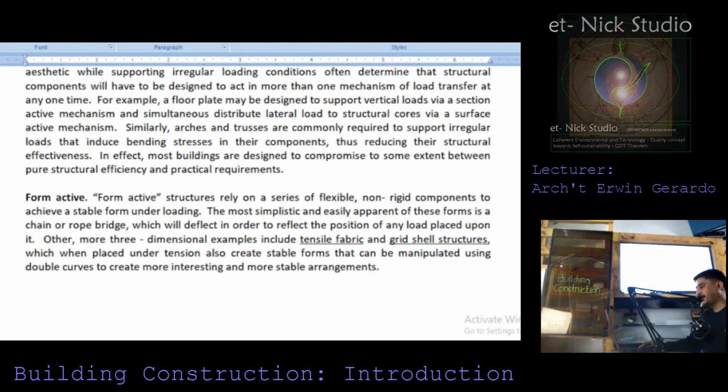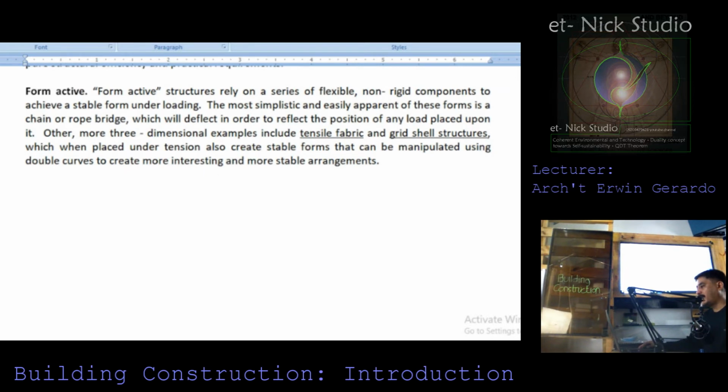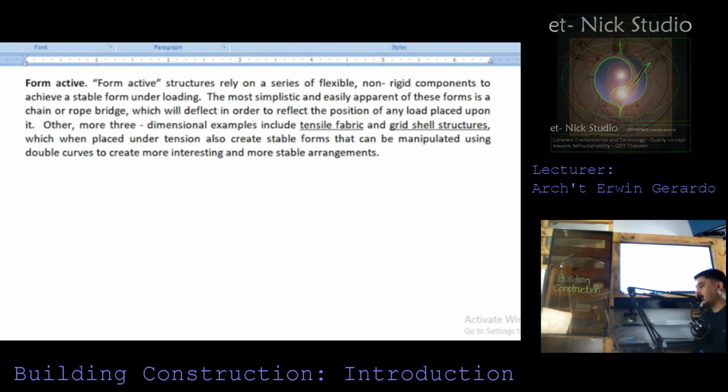Form active. Form active structures rely on a series of flexible, non-rigid components to achieve a stable form under loading. The most simplistic and easily apparent of these forms is a chain or rope bridge, which will deflect in order to reflect the position of any load placed upon it.